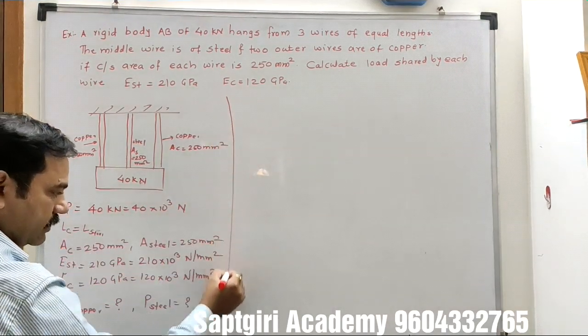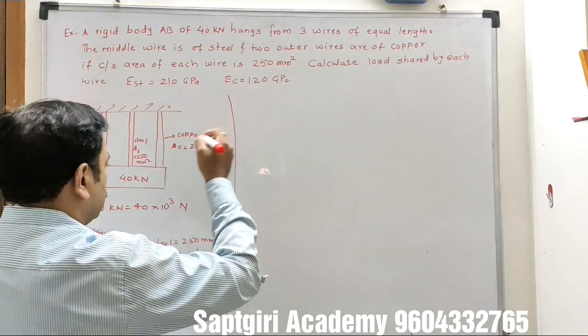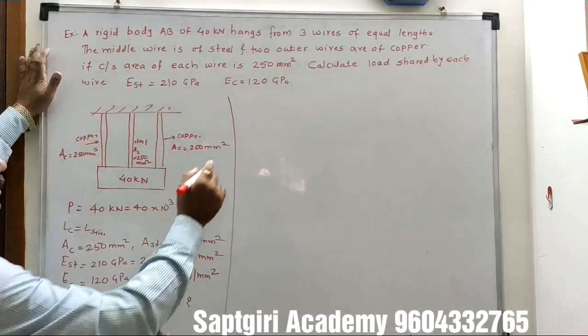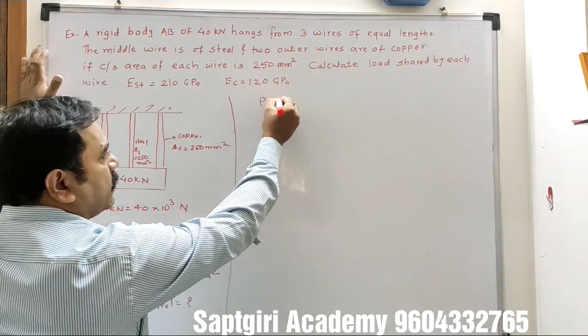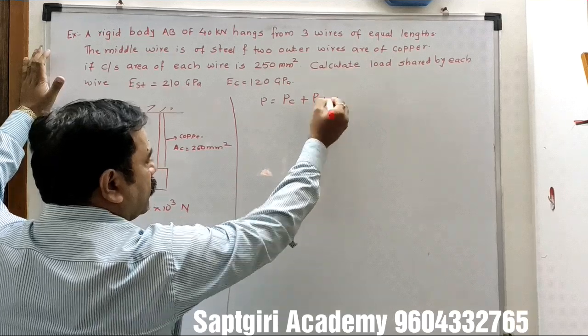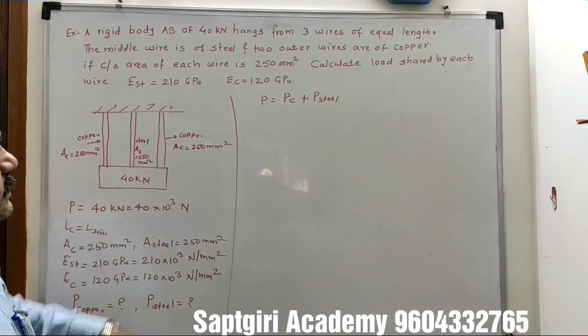For that, our first condition: this is a composite section. So the first condition is P equal to PC plus P steel. Now there are 2 wires of copper and 1 of steel.